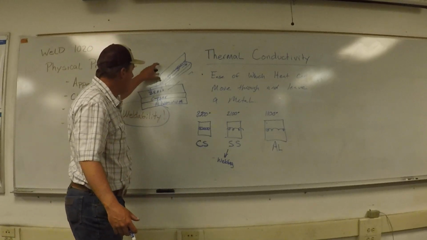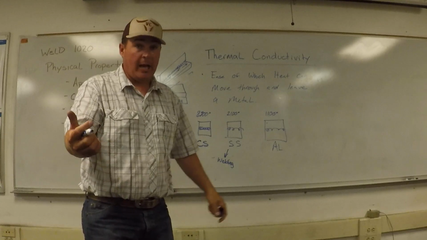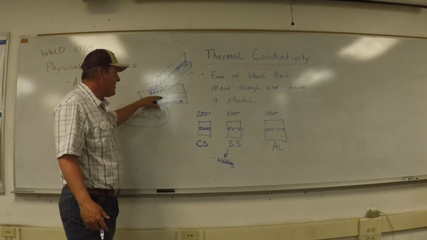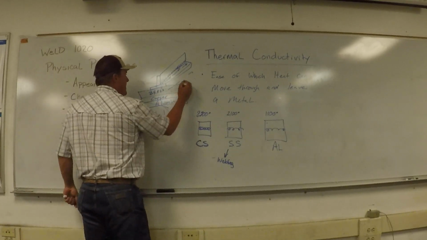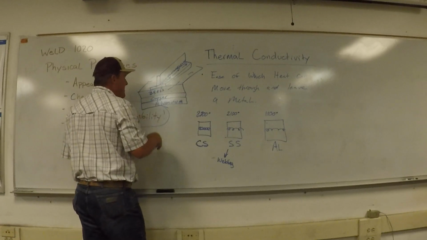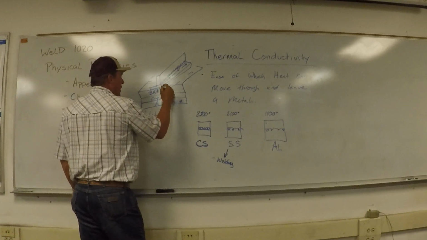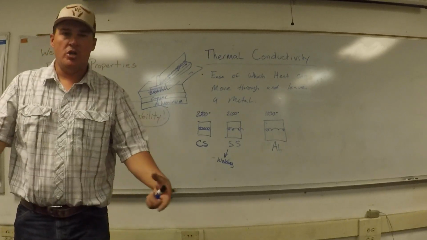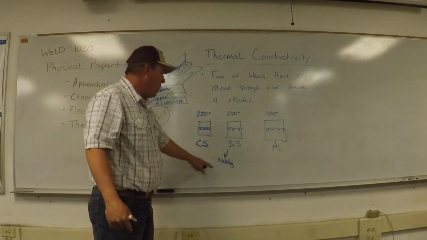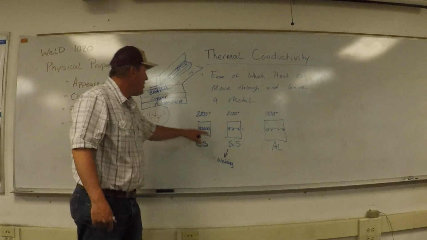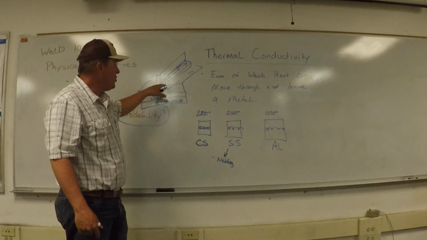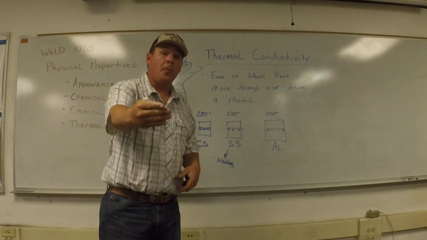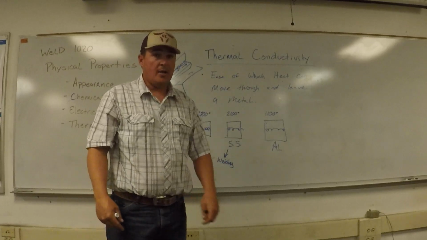So I'll take my part and I'll set it on what we call a chill plate, and all the heat being put into this part will be robbed by the chill plate that it's sitting on. So if I take my T-joint and I set it on a piece of brass, as I weld it, the brass is going to suck up all that heat out of my part, and it's going to control warpage and distortion issues. So there's a lot of different ways, from changing my welding process to changing my welding progression to using chill plates to control heating, expansion and contraction, distortion and warpage issues caused by thermal conductivity.